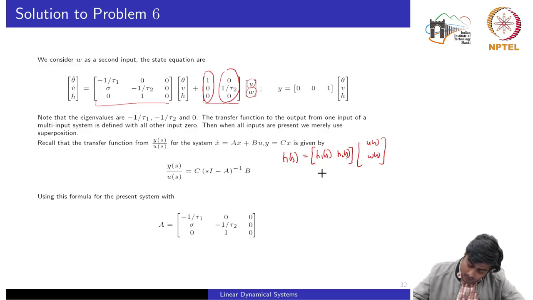Applying the superposition principle, we can compute H1 by putting W equal to 0 and compute H2 by putting U equal to 0. When putting it into the vector, it gives the complete representation of the system in terms of the transfer functions.